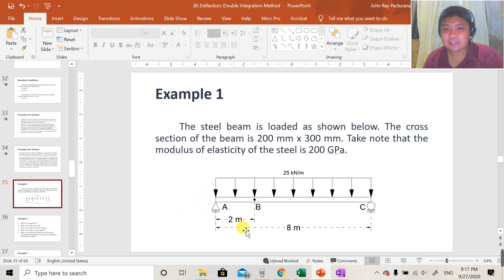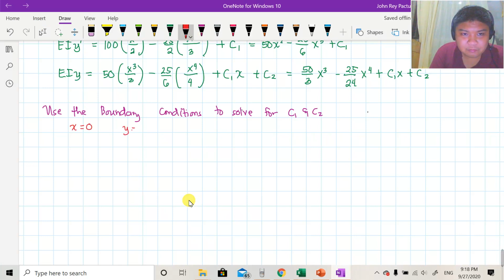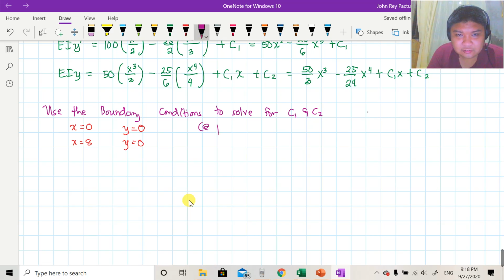So, kung maalala nyo sa shear and moment function. And sa point C, ang x niya is equal to 8. I hope clear yon. So, therefore, ang ating mga boundary conditions dalawa: at x equals 0, y equals 0, and at x equals 8, y equals 0.